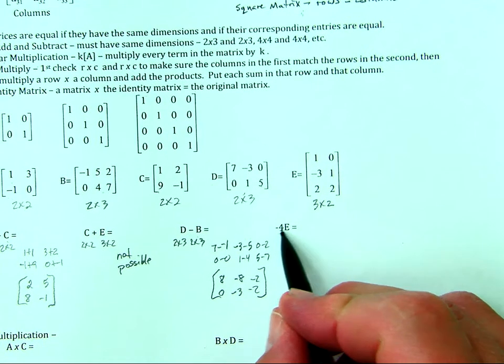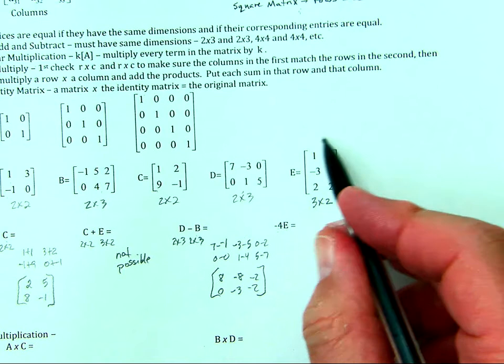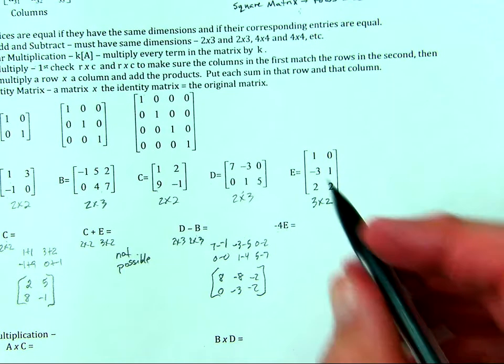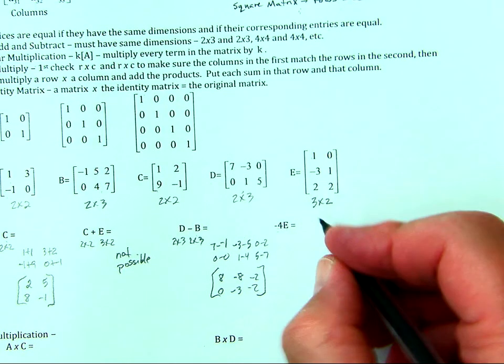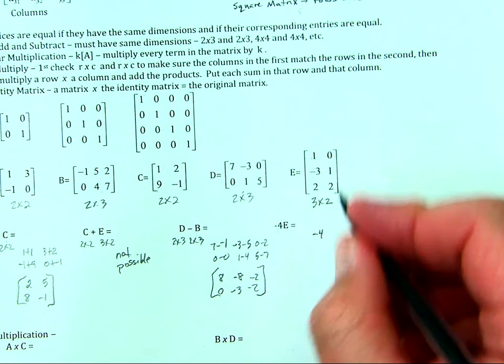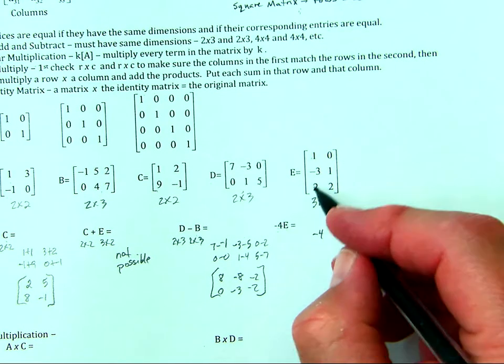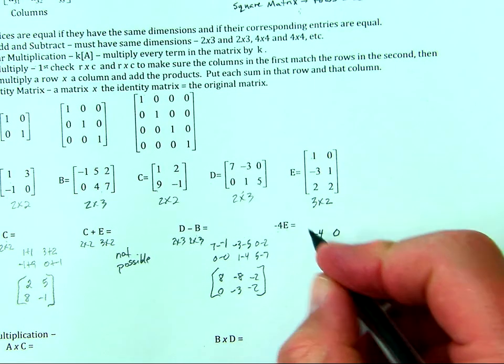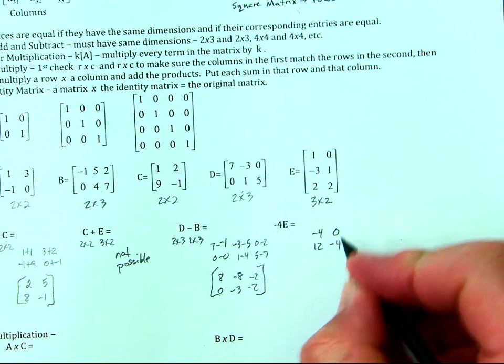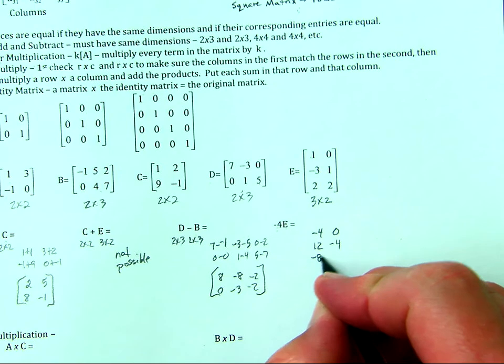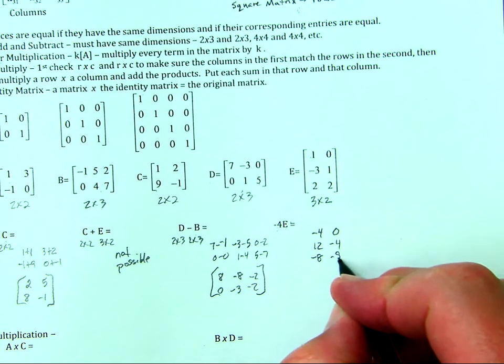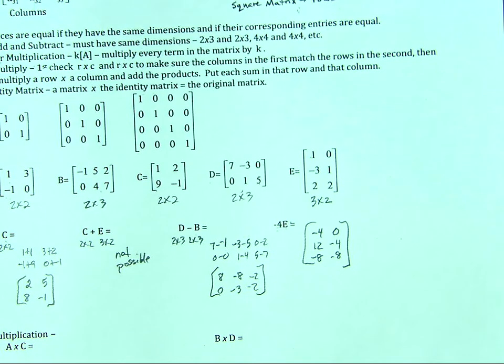So if we had negative 4E here, we're going to take every element of matrix E and just multiply it by negative 4. So negative 4 times 1, negative 4 times 0. Make sure you put them in the same spot they were. Negative 4 times negative 3, negative 4 times 1, negative 4 times 2, negative 4 times 2. That's all there is to scalar multiplication.